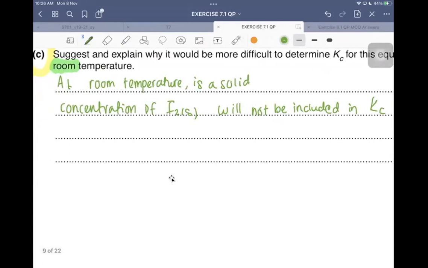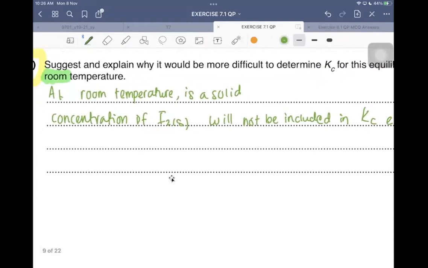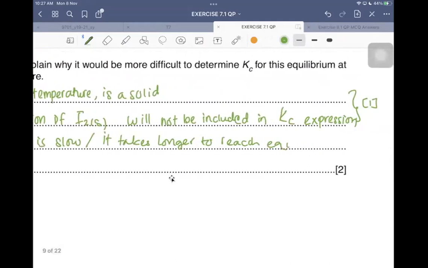What's another point? Suggest why it will be more difficult to determine Kc for this equilibrium at room temperature. Okay, so if the temperature is low, there's also another reason for it. Reaction is slow, or we say it takes longer to reach equilibrium.